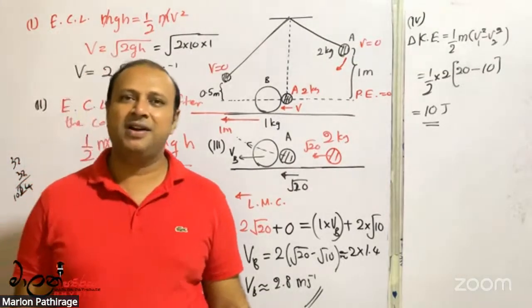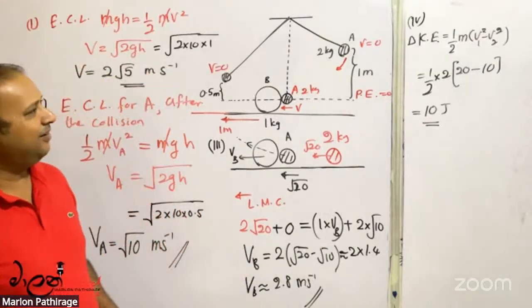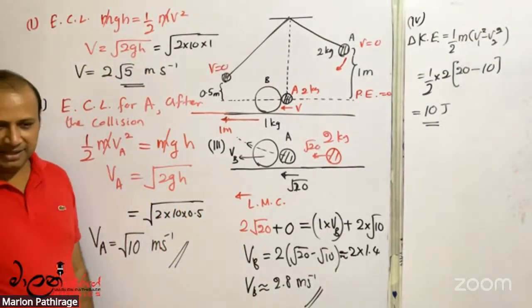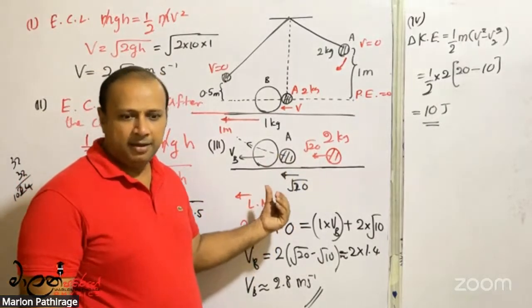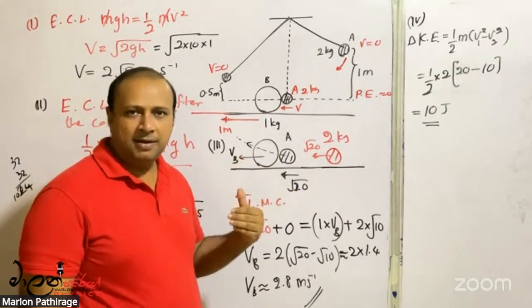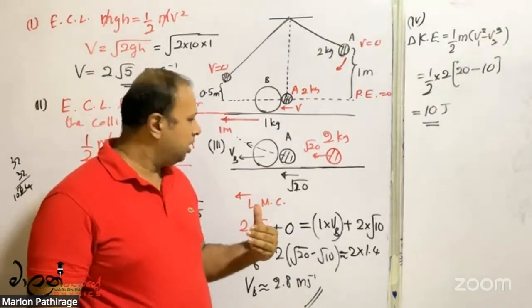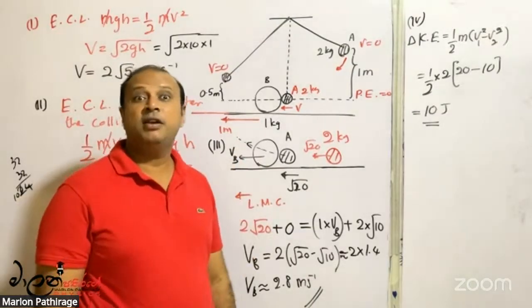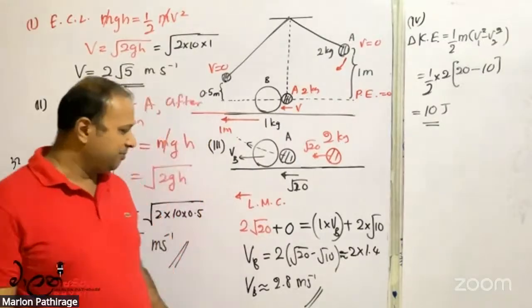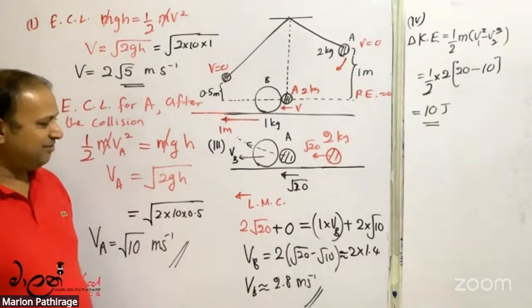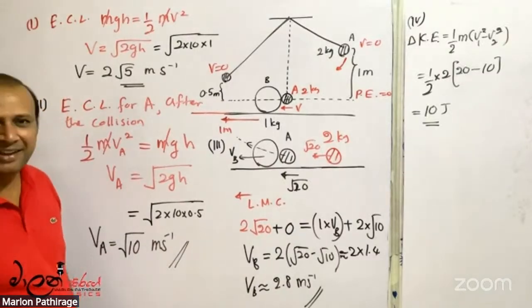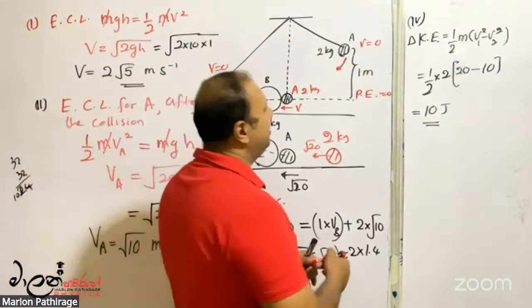Now there's an energy loss of A. Is that energy loss equal to the energy gained by B? Let's look at the energy gained by B.